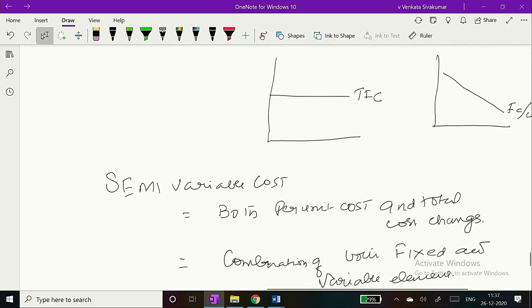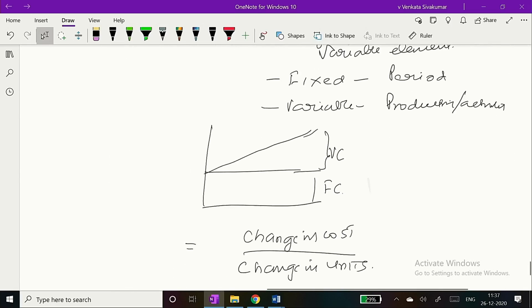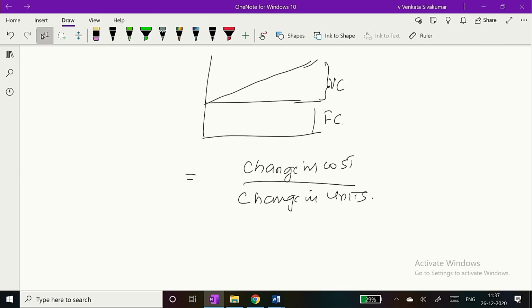Change in cost is 5,000, change in units is 1,000.